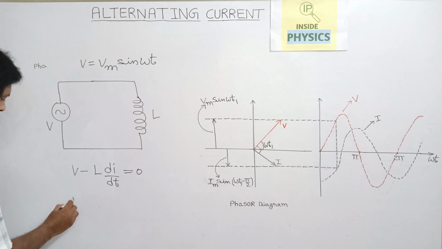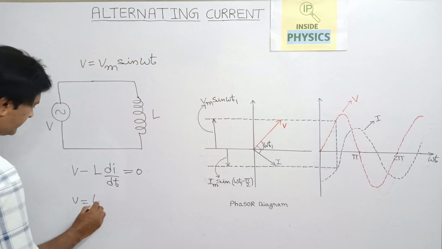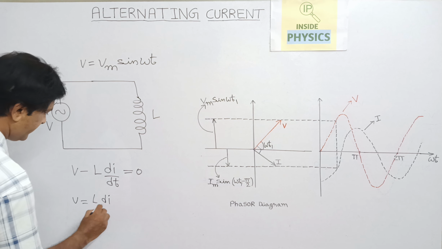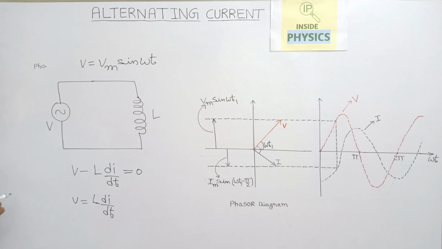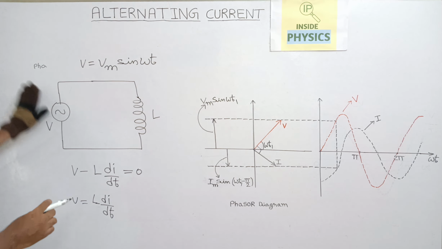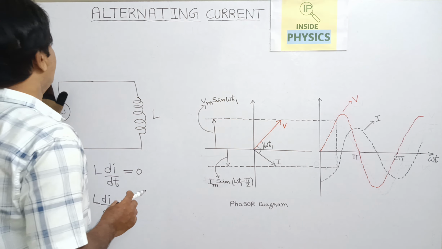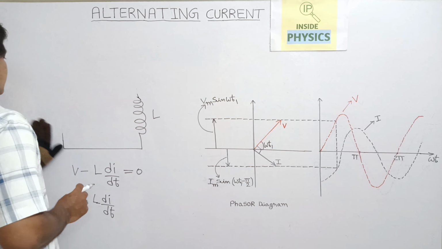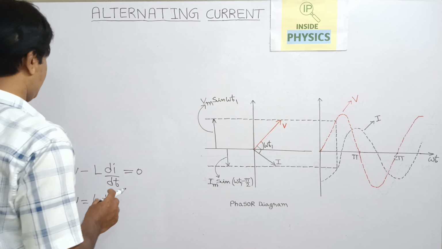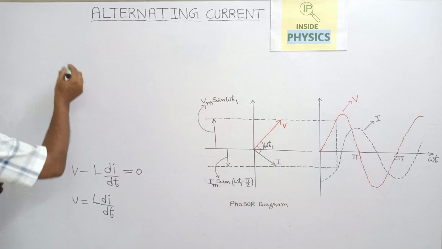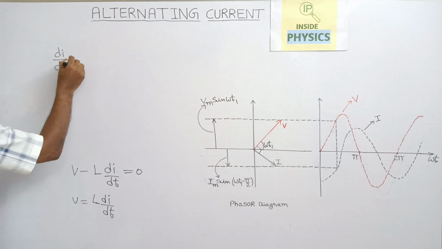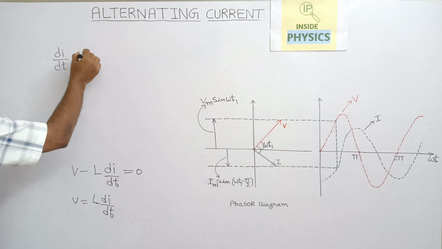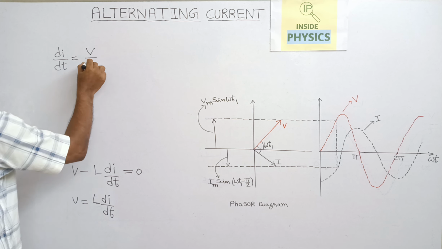So V is equal to L dI by dt. Exchanging the terms to find the instantaneous current in the circuit, we write dI by dt is equal to V by L.